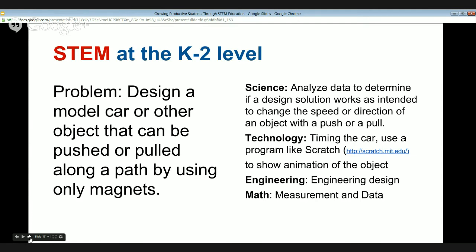It is through MIT. Scratch gives the students the ability to program a character of their choice, and they can actually program in movements, and small children can do this. It's pretty easy to teach them, and once they've had some practice with it, they can videotape their object as it's moving, using a cell phone even.